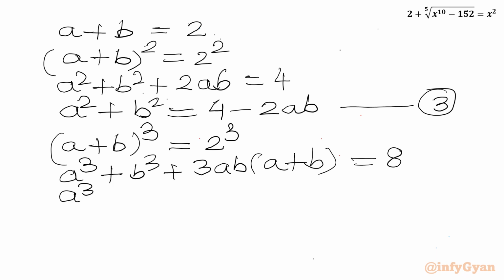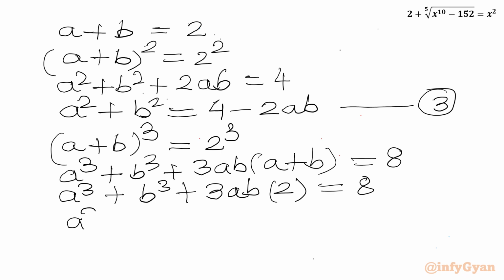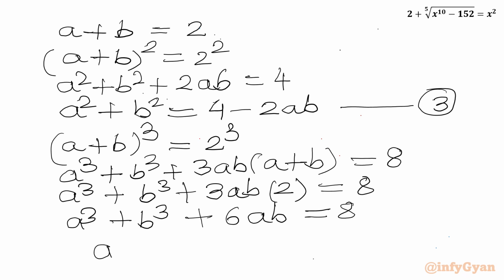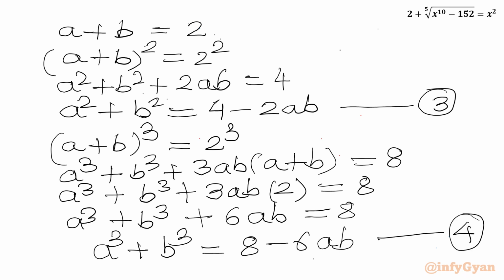Or we can write a cube plus b cube plus 3ab, a plus b is 2, equal to 8, or a cube plus b cube plus 6ab equal to 8, or we can write the value of a cube plus b cube. This will be equal to 8 minus 6ab. This is our equation number 4.